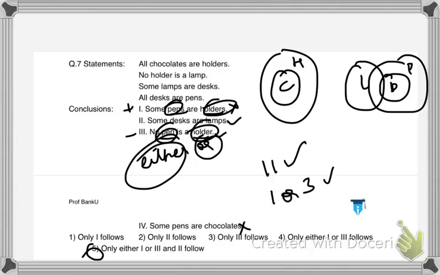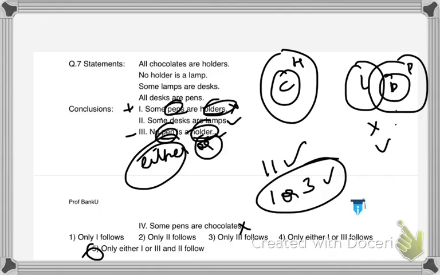That is your answer number fifth. Now what does this mean? Either 1 or 3, and 2 follow. Just observe your diagram. Some pens are holders is not true in this diagram, but no pen is a holder is true in your diagram.